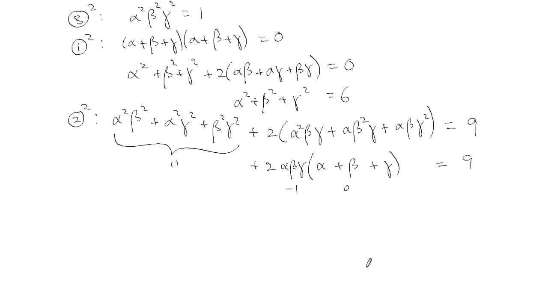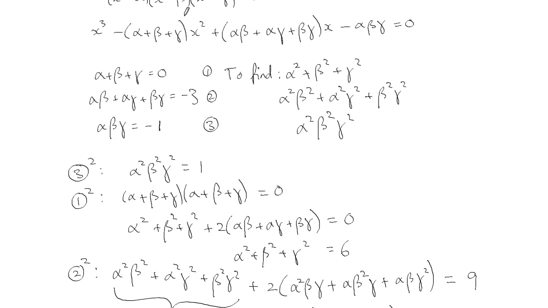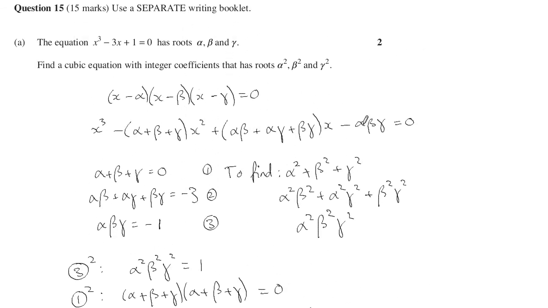And then we can just say alpha squared beta squared, plus alpha squared gamma squared, plus beta squared gamma squared, just equals 9, because that whole thing's 0. Well, now we've got everything we set out to find. We've got that one, which is going to be like the constant term at the end.